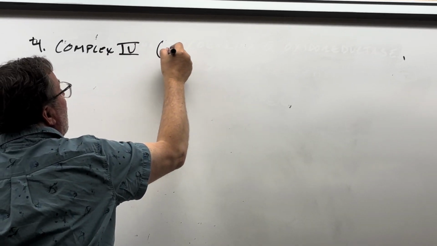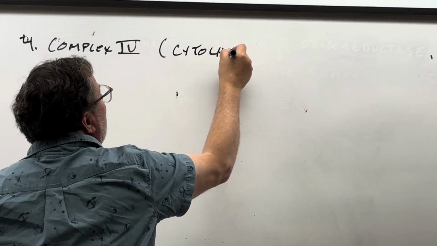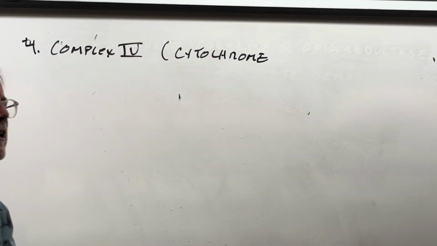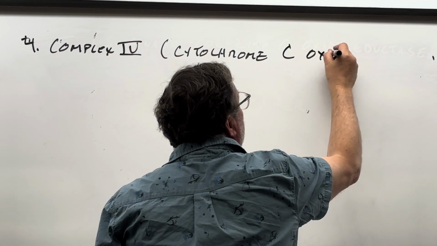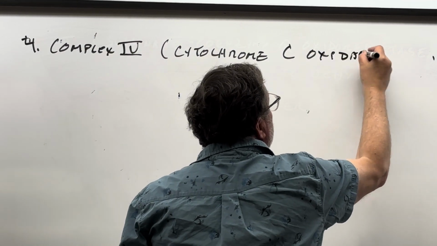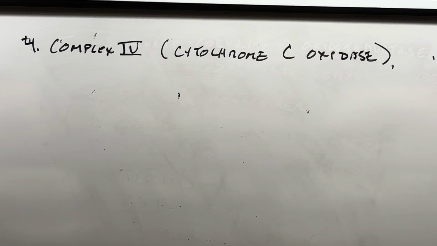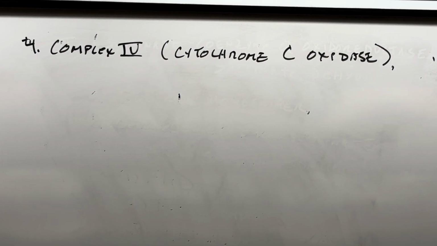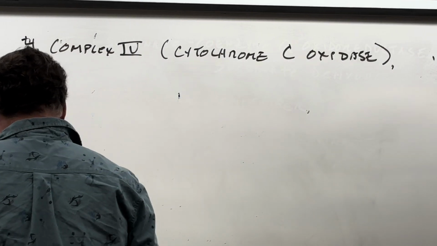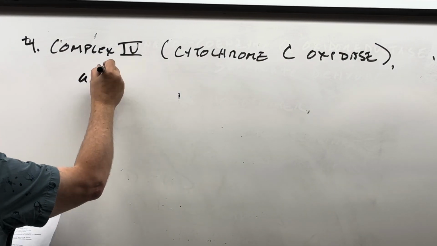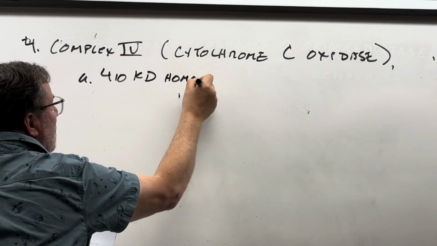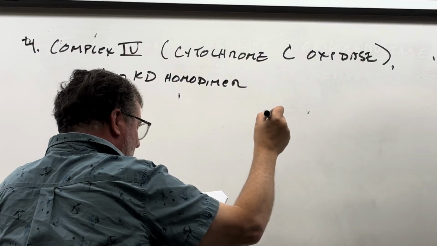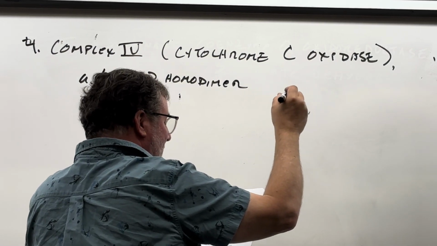This is known as cytochrome C oxidase. Of all these alternate names that I've given you, this is the one that's most commonly used, cytochrome C oxidase. Again, if we look at the structure, it's a 410 kilodalton homodimer with 13 subunits in each monomer.